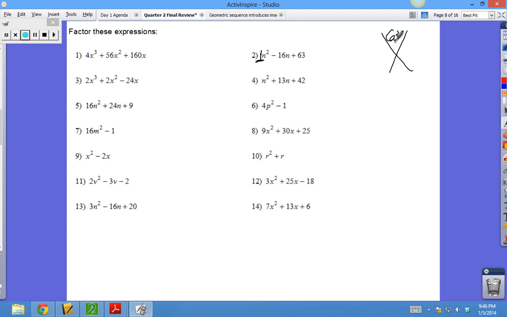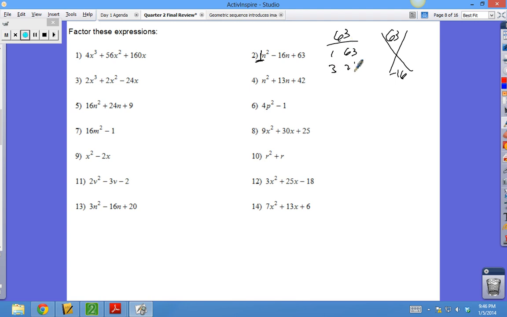So you times and get 63, add and get -16, and I'm not sure, so I'm going to make a list of 63. 1 and 63, and then I use the calculator. 63 divided by 3, and I know that's going to work. Is that 21?